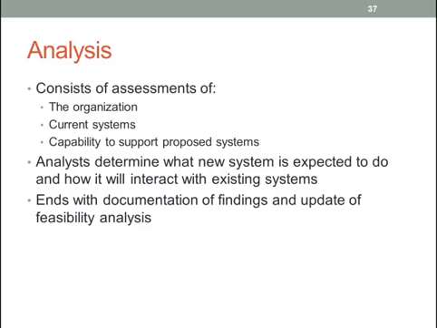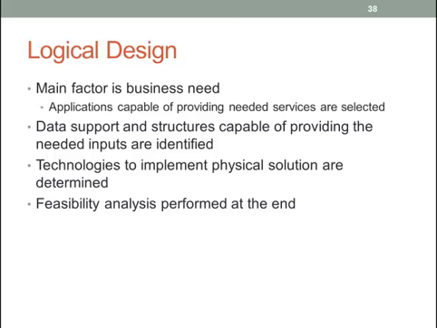The next phase is the logical design. The information gained from the previous phase, the analysis phase, is used to begin creating a solution system or a solution control for the problem. Then, based on the needs of the organization, they select applications capable of providing the needed services. Based on the applications needed, they select data support and structure capable of providing the needed inputs.